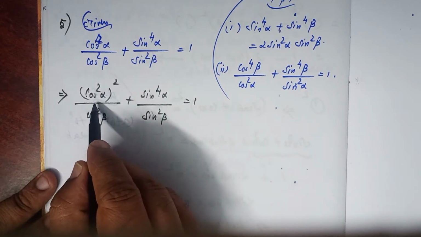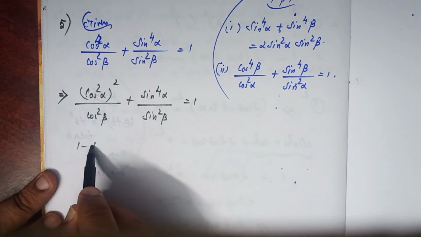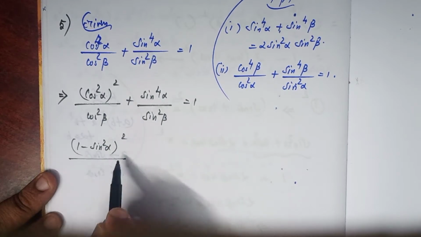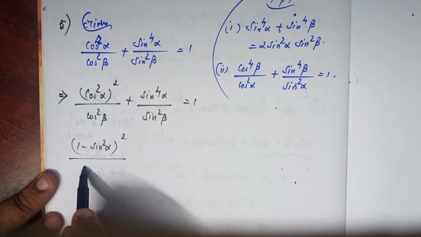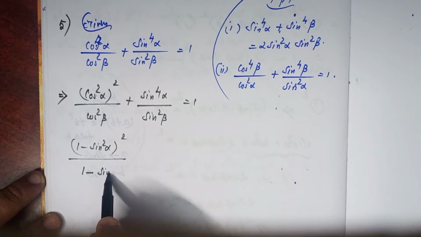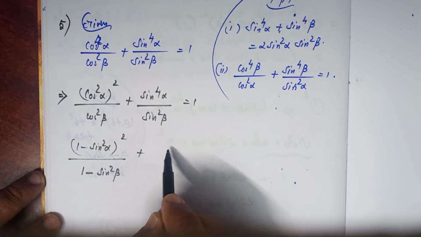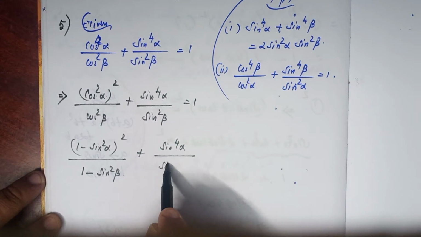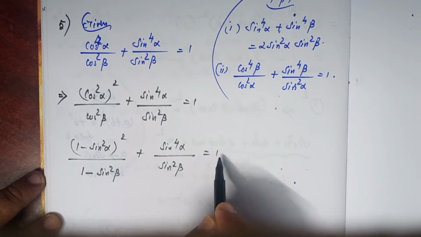We know the formula for cos squared alpha, that is 1 minus sin squared alpha whole squared divided by cos squared beta, that is 1 minus sin squared beta, plus sin power 4 alpha divided by sin squared beta, that is equal to 1.